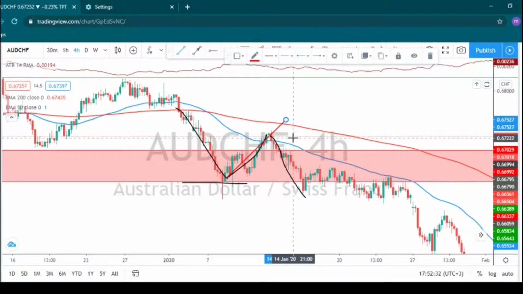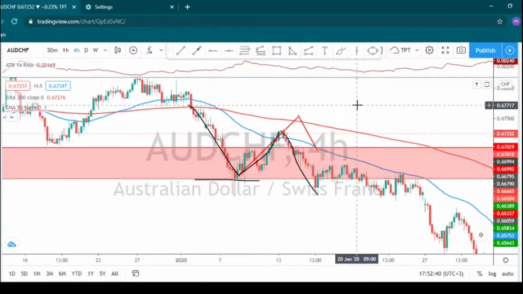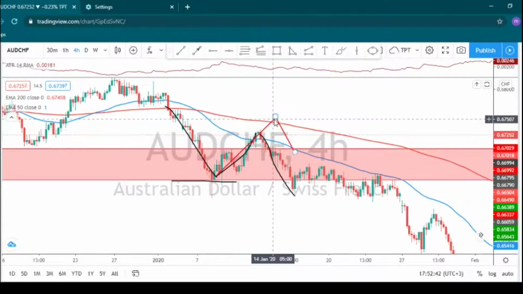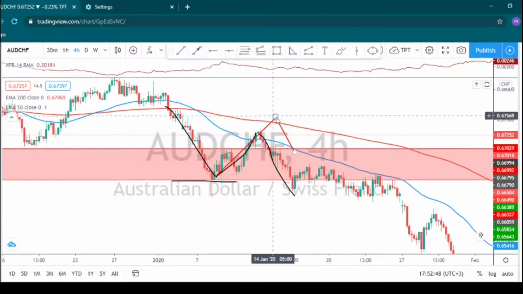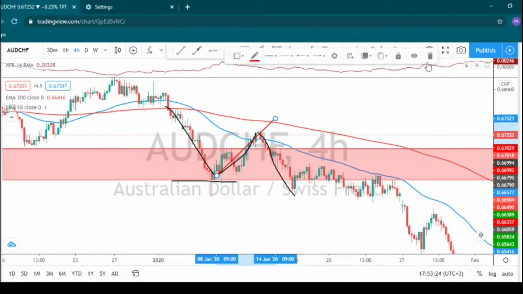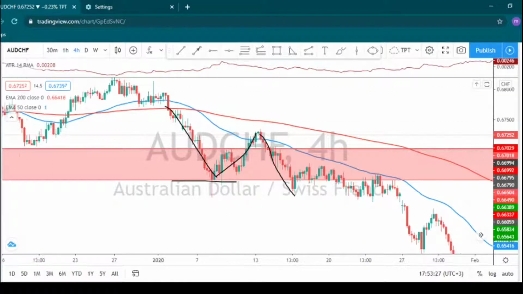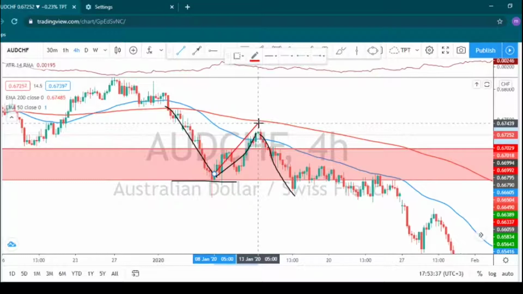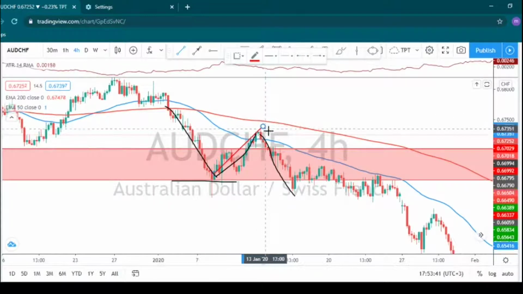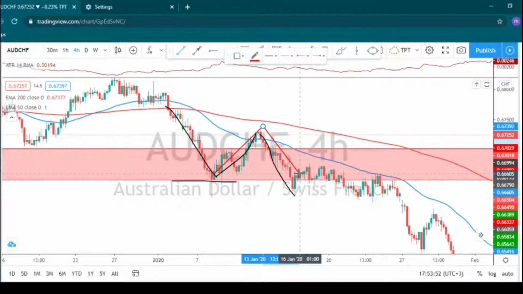Now if it makes something like this, the strategy will not be valid because the market has broken above the 200 EMA and has also closed above the 200 EMA, then made a pullback. In this case, this strategy will not be valid. But if this market makes a pullback here but does not close above the 200 EMA, let's say here, then this will be a valid strategy.